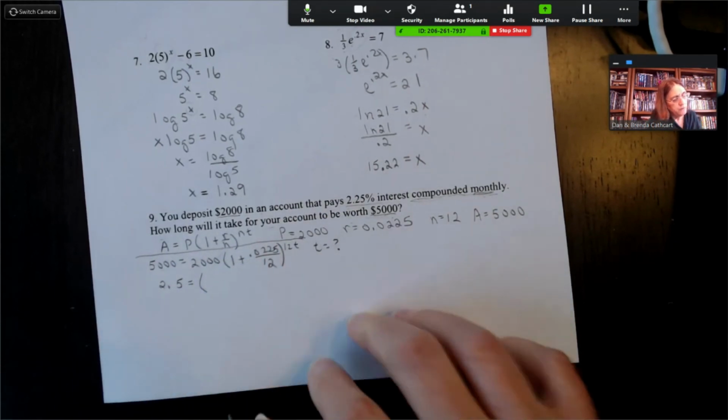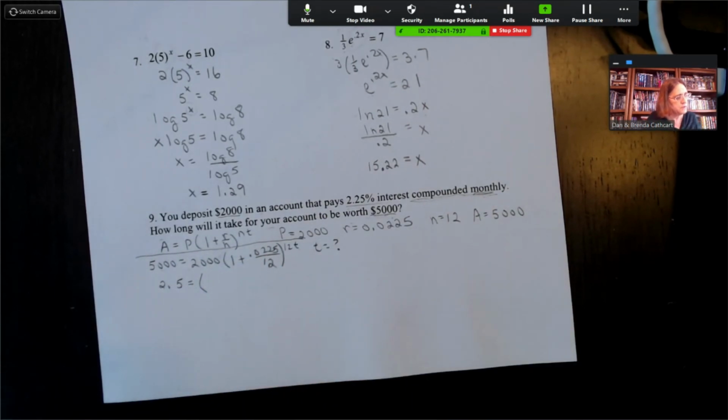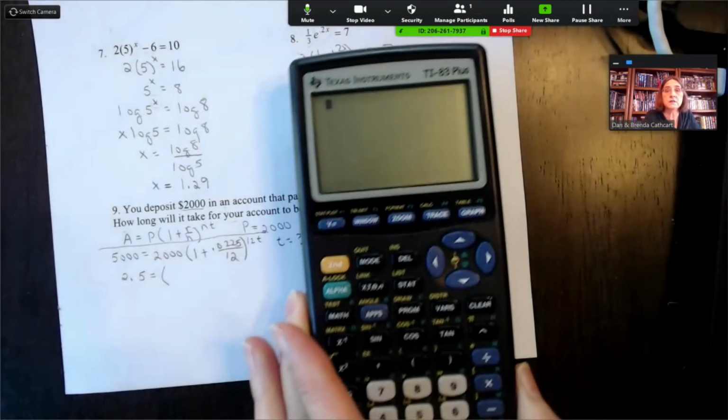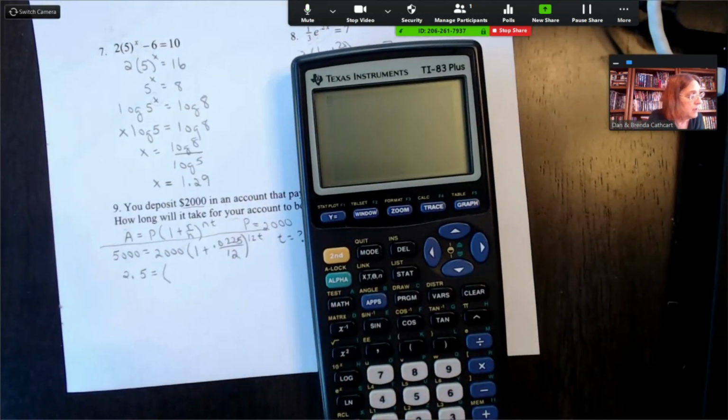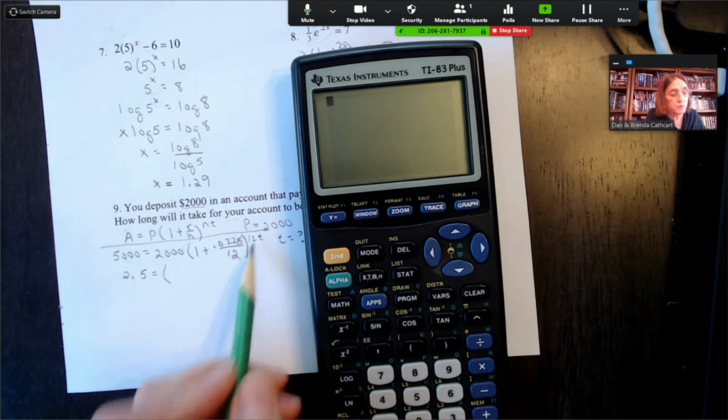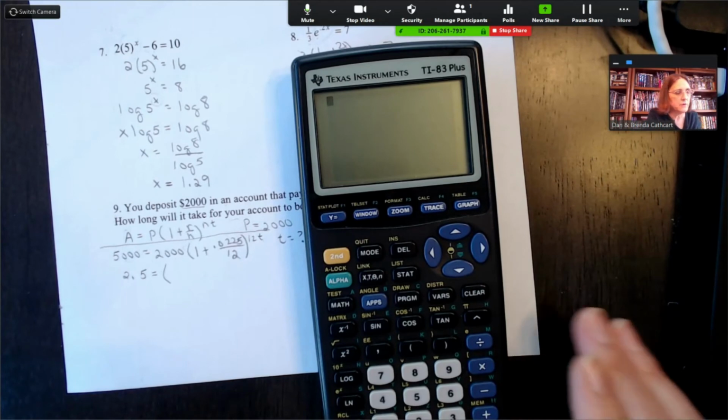And let's go ahead and do this quantity, this 1 plus 0.0225 divided by 12. We do want to avoid rounding at this stage because rounding at this stage can end up with a huge difference when we get to the end, especially since we're working with exponential growth.